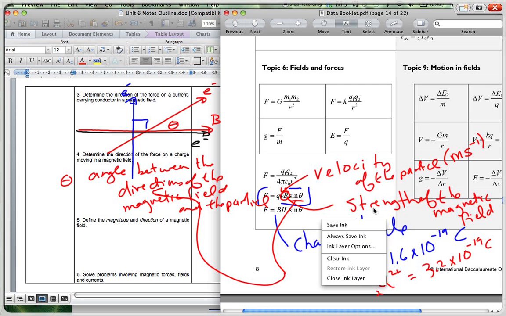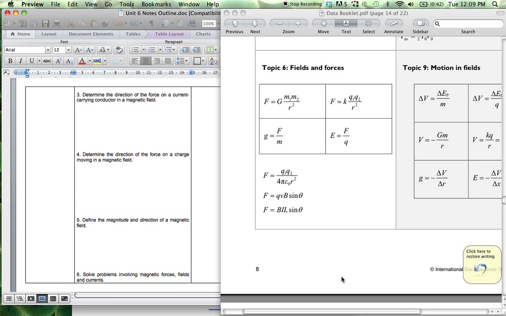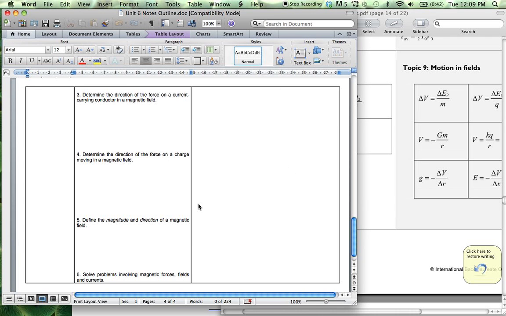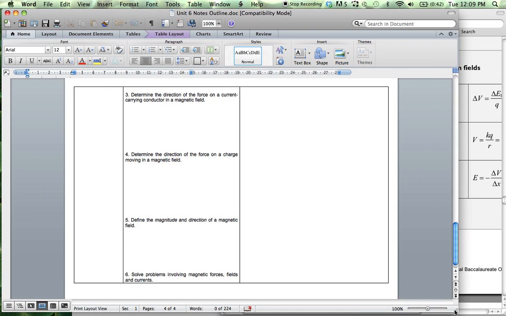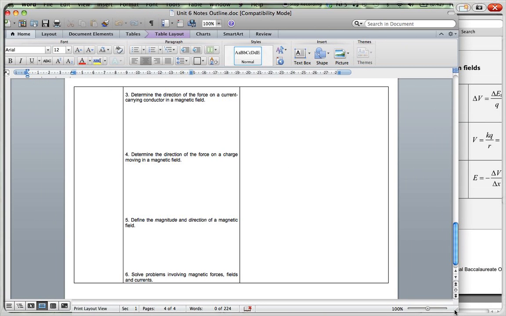Okay, now let's just have a situation where our magnetic field is coming out of the board. Now the way that we show that is just as we did with currents.